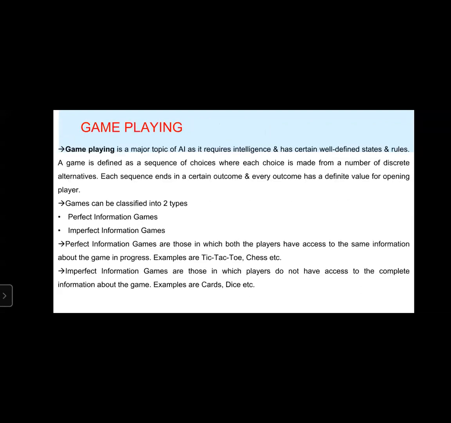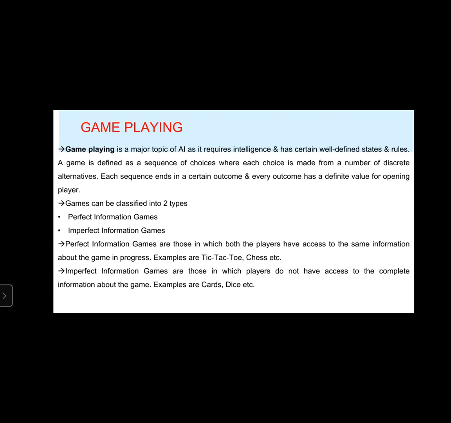And the next topic is gameplay. We already discussed this last class. What is game playing? Game playing is a major topic of artificial intelligence as it requires intelligence and has certain well-defined states and rules. Very important.